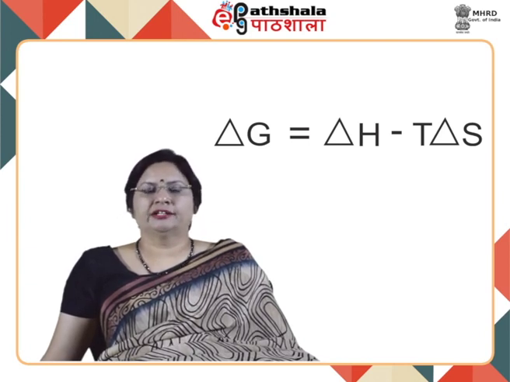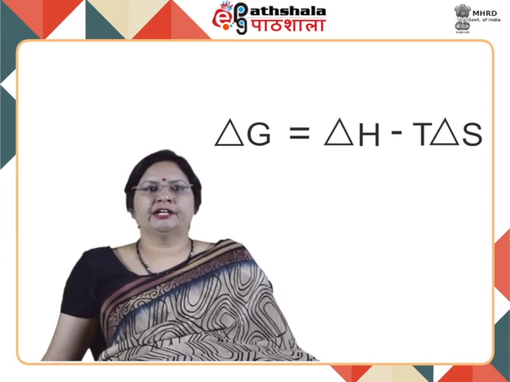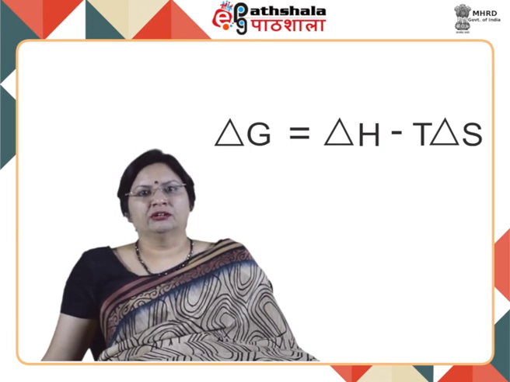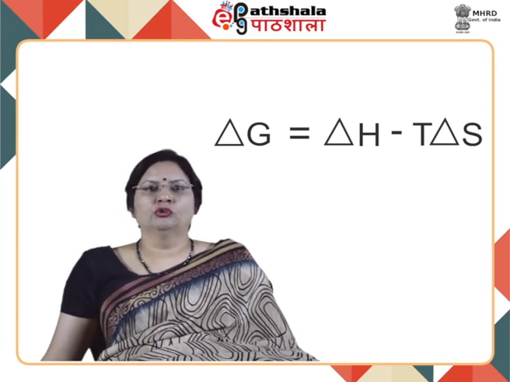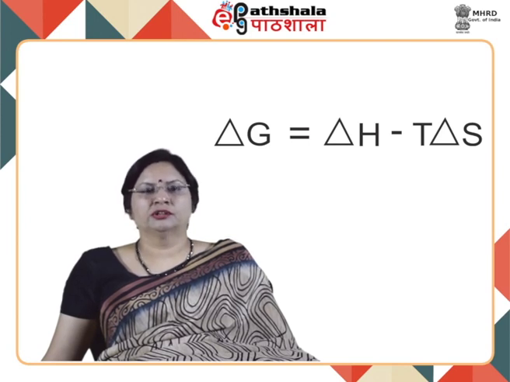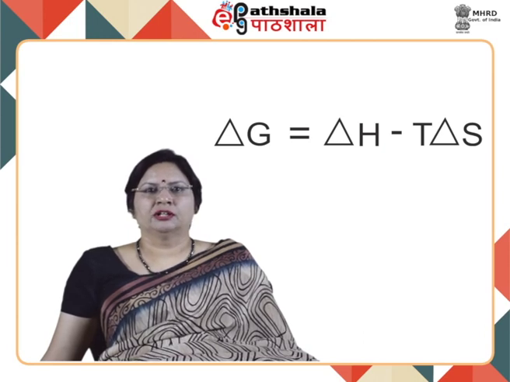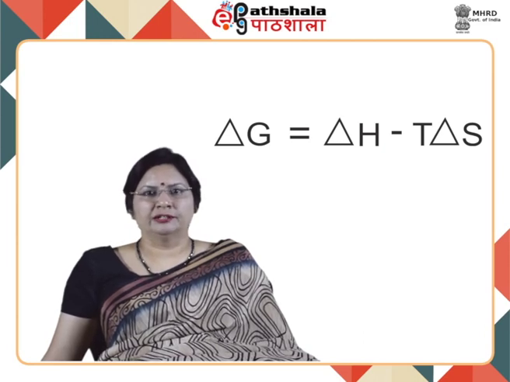And why is delta S more for elimination than for substitution? Because in elimination 2 molecules become 3, while in substitution 2 molecules lead to only 2 new molecules. So, there is a higher entropy when you are having the elimination.